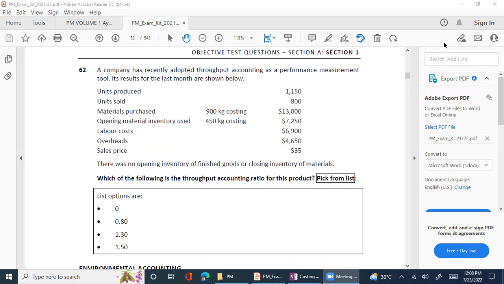So what you need to do is revise this topic, life cycle costing and throughput accounting. I request you in every class to read during the week. Either you can read from the handouts or from the textbook. I'm not encouraging you to read from the handouts, but if you read from the textbook, it is very good.